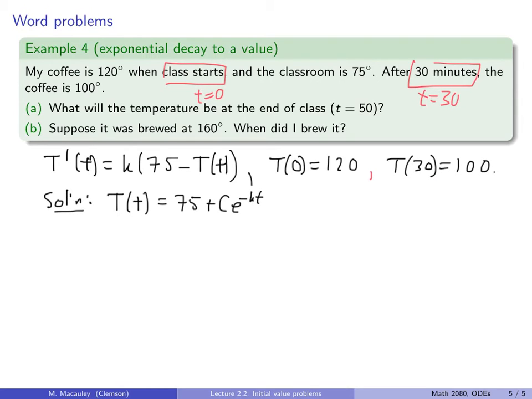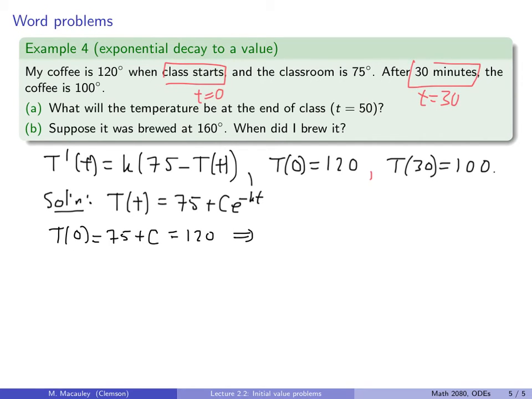So we have to plug in these conditions. A great rule of thumb is to do the easiest one first, and this one's easier because it has the most zeros. Let's plug in T of 0. That's 75 plus C, and set that equal to 120.